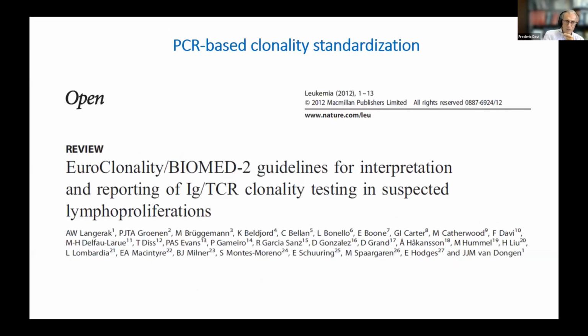And also what we did, which a lot of people found useful, because clonality, even after doing that for many years, I find that this is one of the most difficult molecular tests for interpretation. So we provided guidelines for interpretation and reporting of clonality.